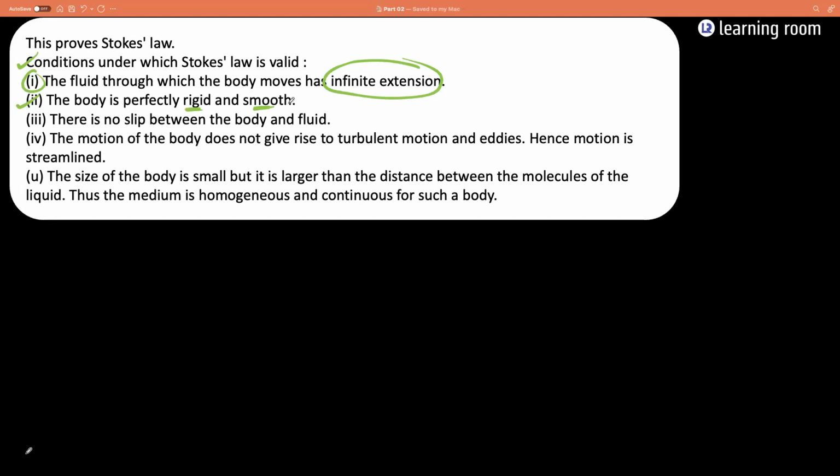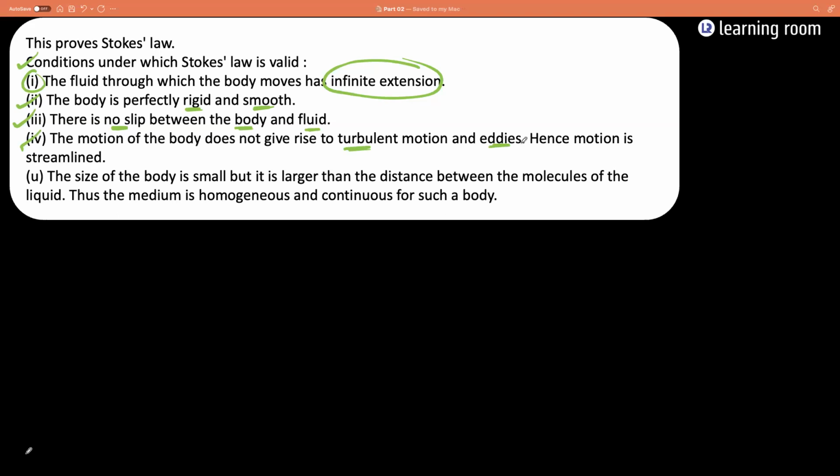Means the friction should not be exerted due to the solid. It should be exerted only due to the liquid, because this force is the viscous force, the force exerted by the liquid on the solid. Third, there should be no slip between the object and the fluid.